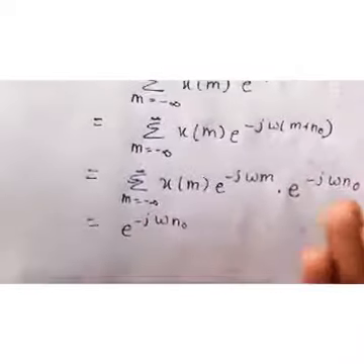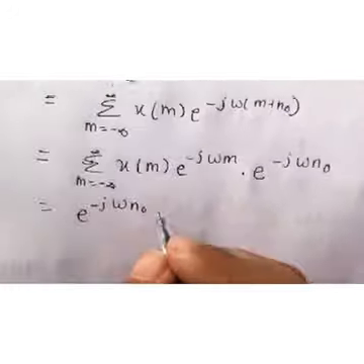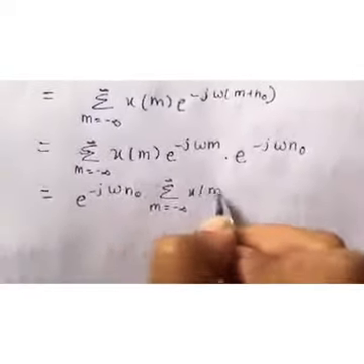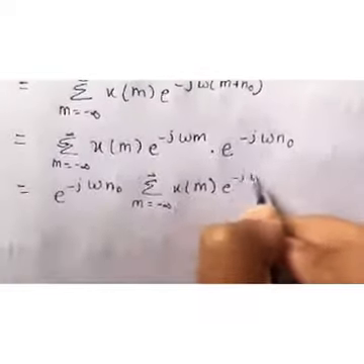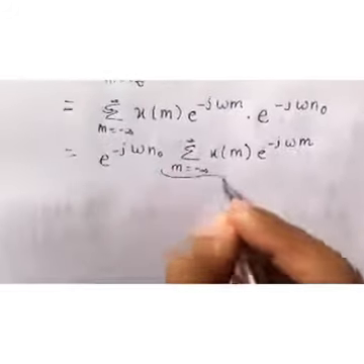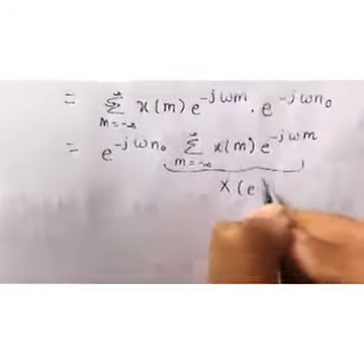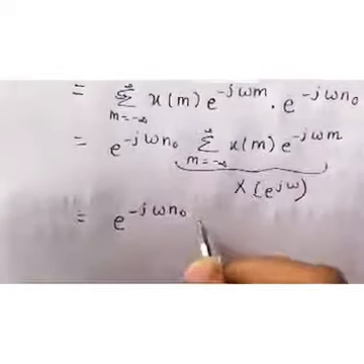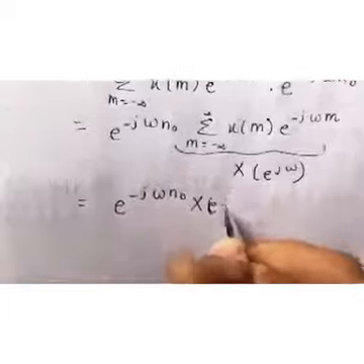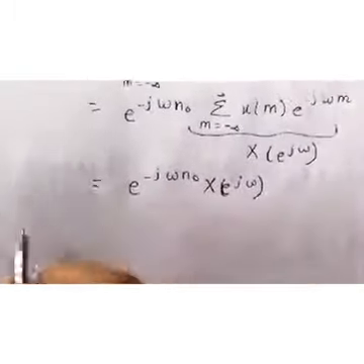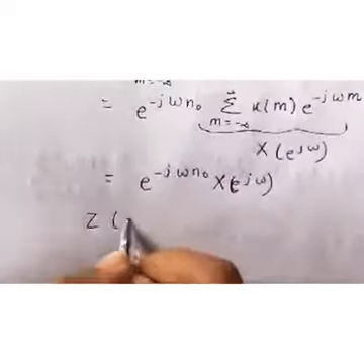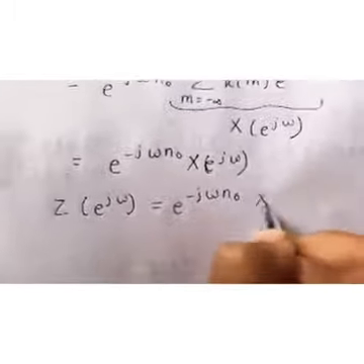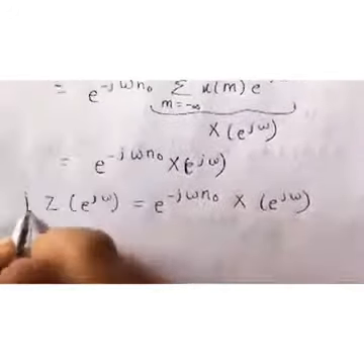So by simplifying, this is nothing but X of e^j omega. Hence proved.